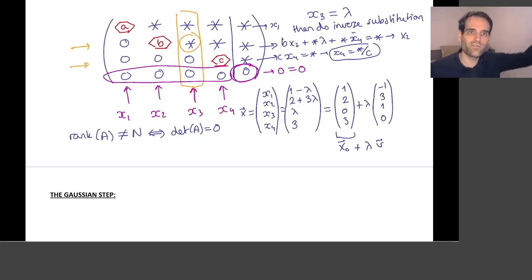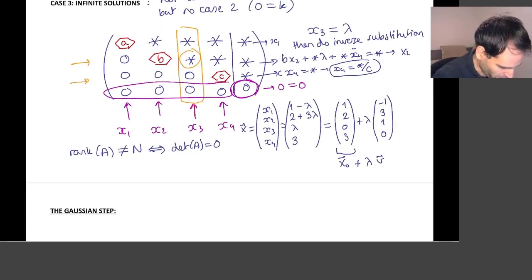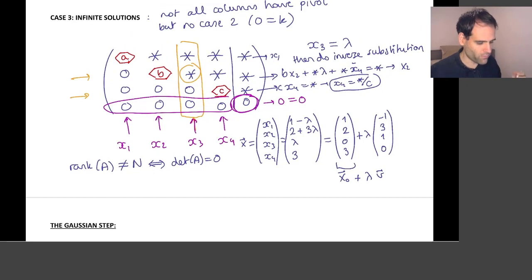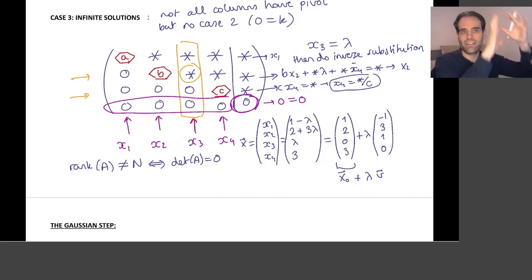So there are infinite solutions. Now, if instead of having one column without a pivot, we would have two columns without a pivot, then we would have two free variables. So we would have two parameters, alpha and beta. And therefore, instead of having the equation of a line, we would have some vector plus alpha times another vector plus beta times another vector, which would be the equation of a plane.